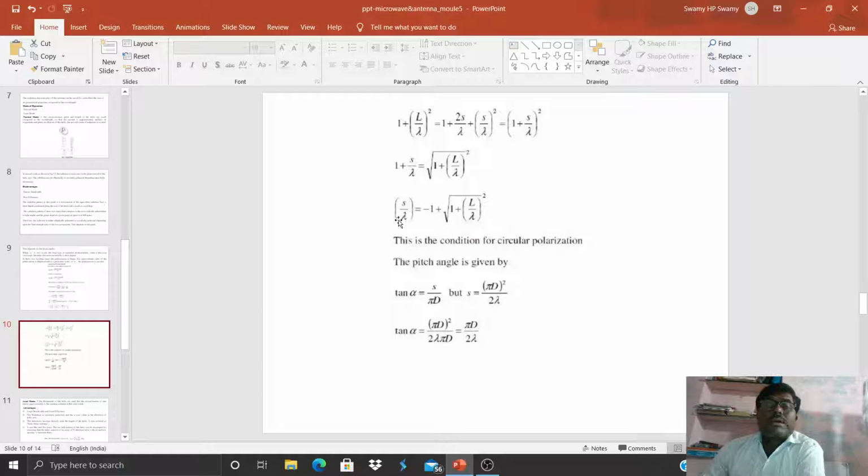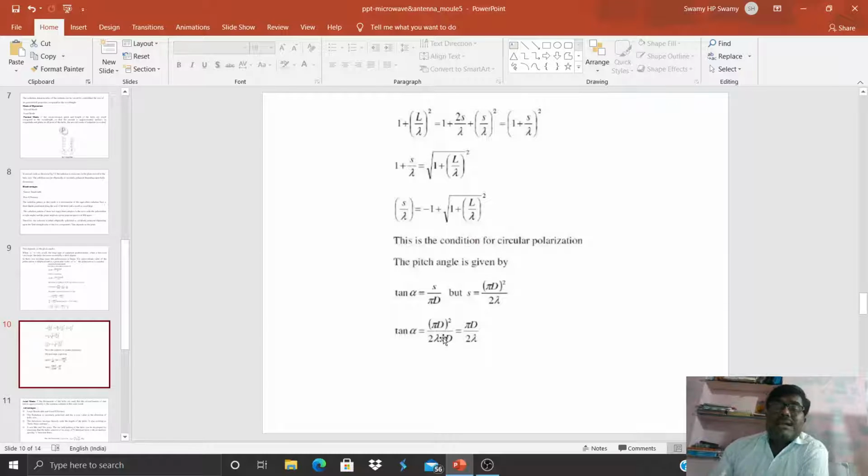So S by lambda is equal to minus 1 plus the root of 1 plus L by lambda whole squared. This is the condition for circular polarization of the helical antenna.